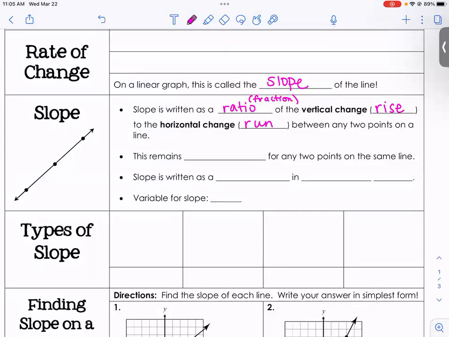So when we find slope, we are going to make a ratio of rise over run. Rise over run. Say it with me. Rise over run. There's a little more enthusiasm. Rise over run. Say it with me. Rise over run.